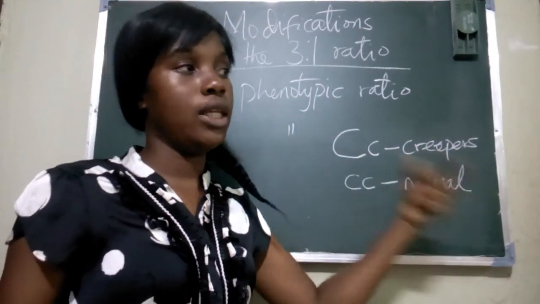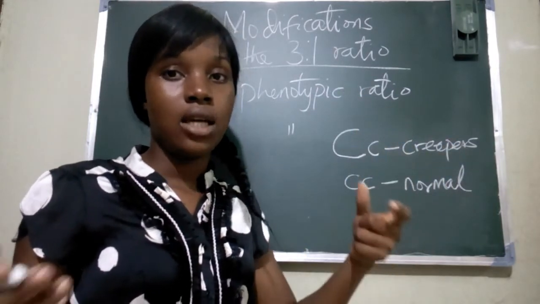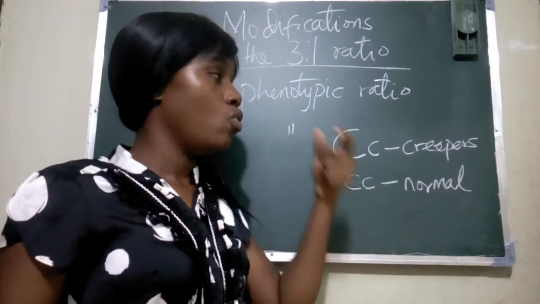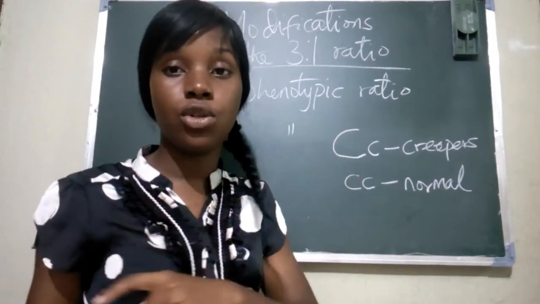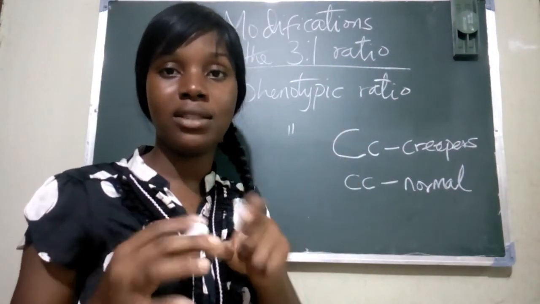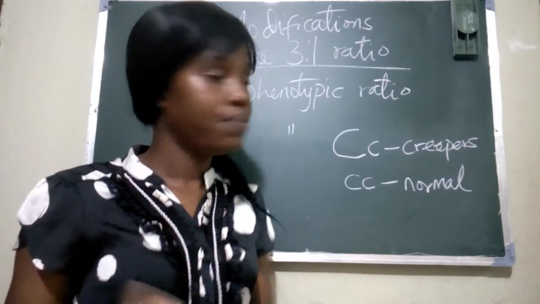Like I told you, a dominant lethal allele will cause death in the homozygous condition, and in the heterozygous condition will cause severe developmental problems.